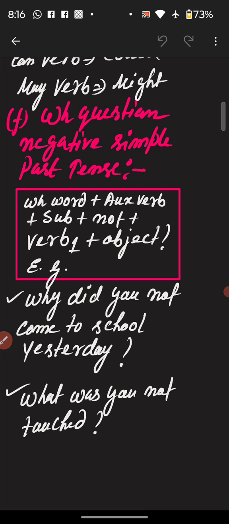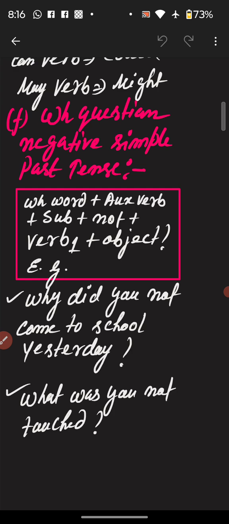Now the last part, WH question in negative format in simple past tense. How to write? Here also you do not have to do anything more. Just follow the previous construction of WH questions and put the not after the subject.